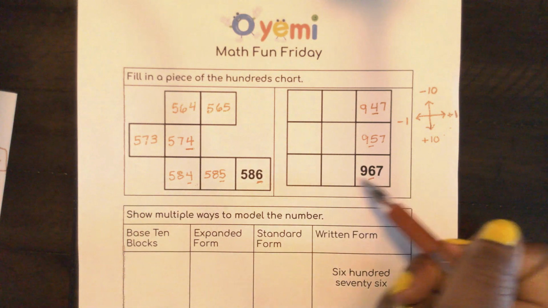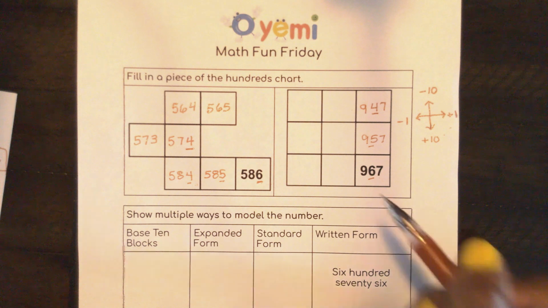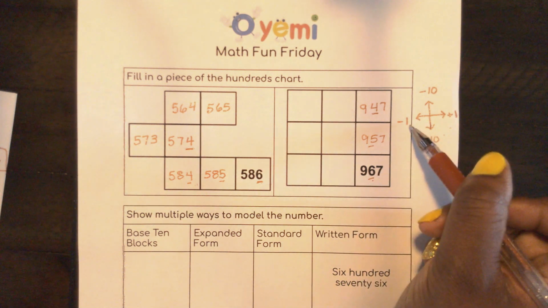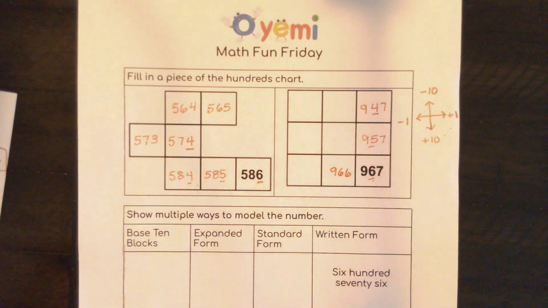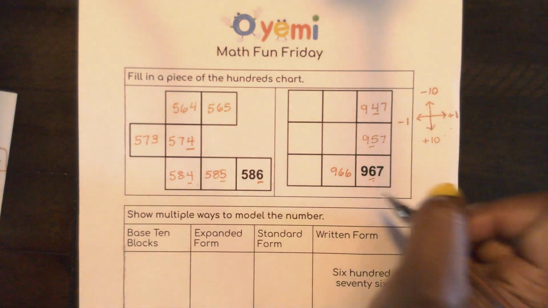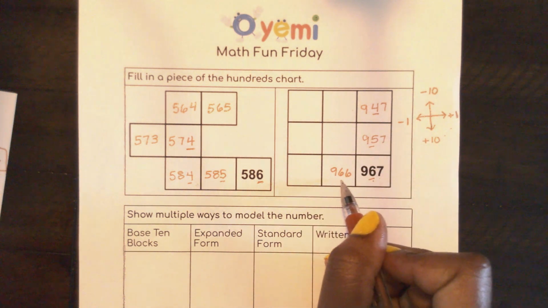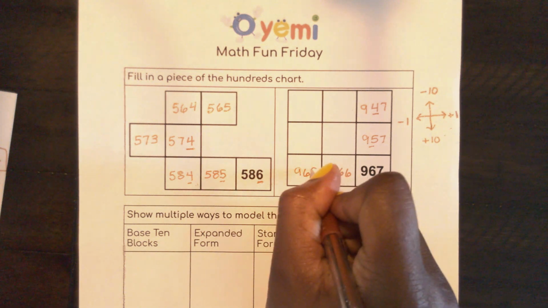Now I'm going back this way. I could do it from each number. From 967, if I go back, I would subtract 1. So it'll be 966. So now that I know that each time I'm subtracting 1 going back, this was 966, this is 965.